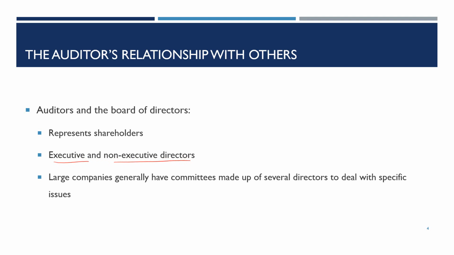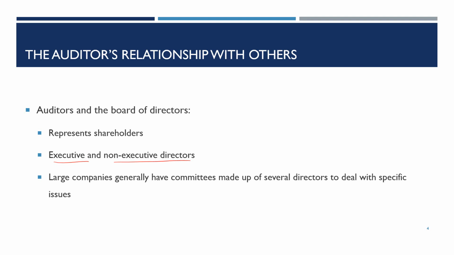Executive directors are part of the company's management team. They are full-time employees of the company, whereas non-executive directors are not part of the company's management team. Their involvement is limited to preparing for and attending board meetings and, where relevant, board committee meetings.